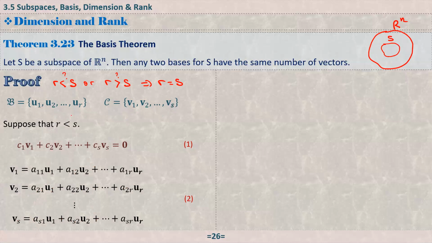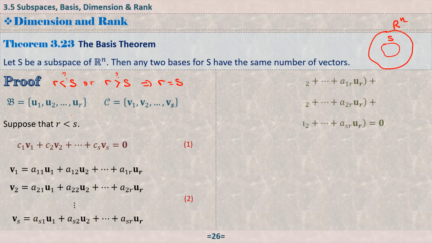Okay, so now if you just substitute these values, V1, V2, Vs, into the first equation. So V1 equals this. If you substitute here, we have C1 times the value of V1. V1 is this. So here we have A11 U1 plus A12 U2 plus dot, dot, dot, A1R UR plus.